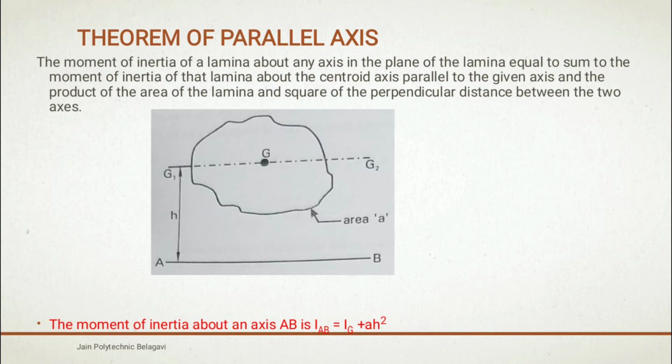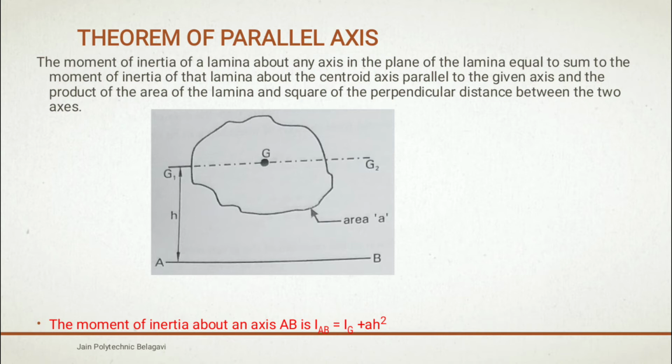The sum of the moment of inertia of that lamina about the centroidal axis, that is the moment of inertia passing through G, that is G1 G2. So that moment of inertia you have to sum up with the product of the area of the lamina and the square of the perpendicular distance between the two axes.